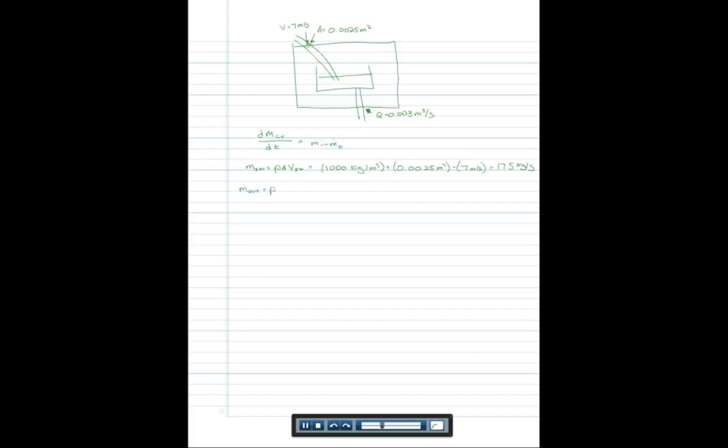Now we consider the mass flow rate out. Again, it's the density, area, and a velocity. In this case, the velocity out. So the density is still 1,000 kilograms per cubic meter. The area here, we're going to actually combine these two terms.